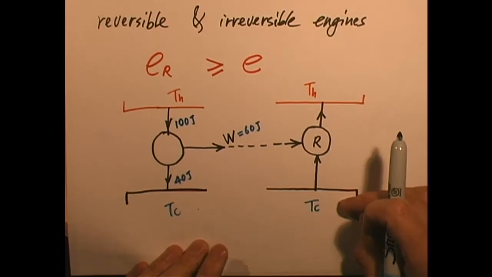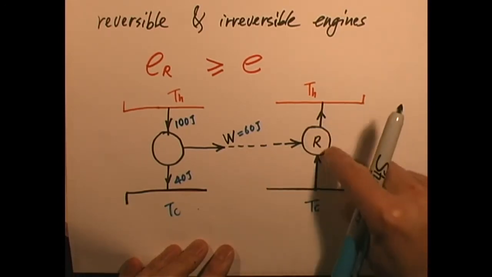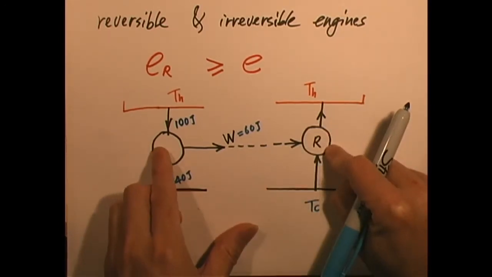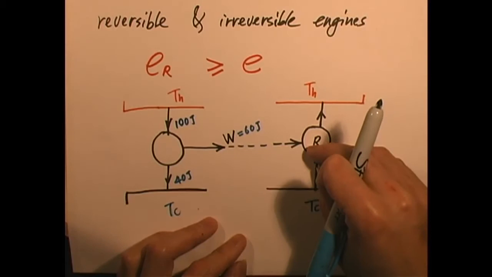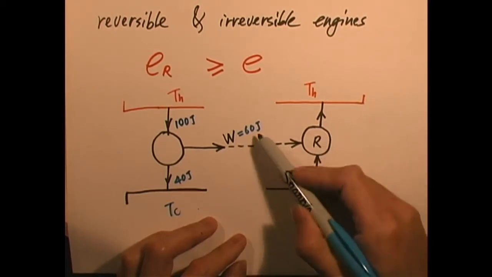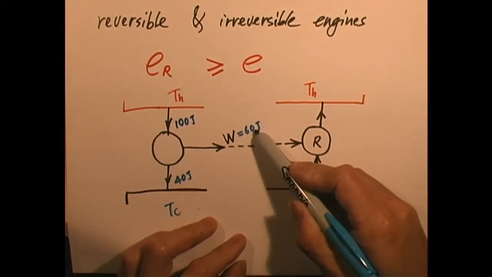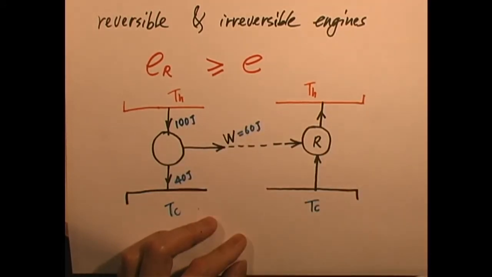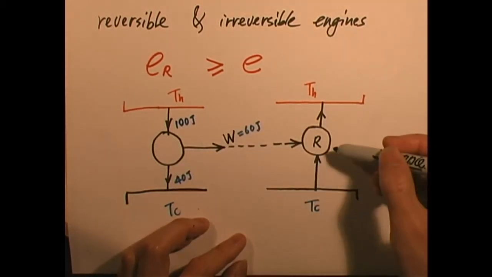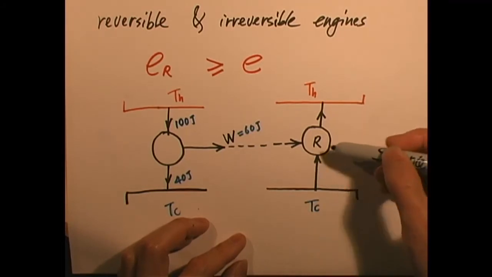How do I show that? Assuming that this reversible engine has a lower efficiency than the other engine, if you were to operate this thing forward, not backward, then for it to produce 60 joules of energy, it would have to take in more energy than 100 joules, right? Because we just said its efficiency is lower than that one's.